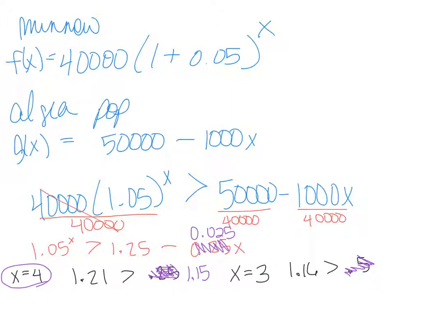So 0.25 times 3 is 0.75, and 1.16 is greater than that. So this is false. So in year 4, it looks like my minnow population is greater than the algae population that's going to support it. Therefore, that's when your minnow population would exceed the amount of algae available. So sometime after the 3rd year, the 4th year hits, and that's when all awfulness breaks loose.